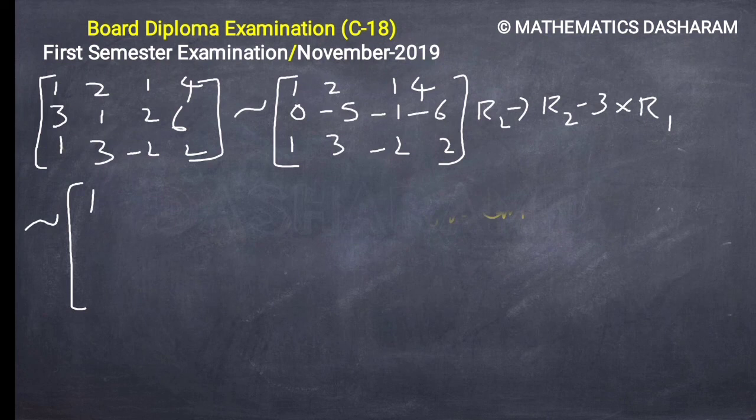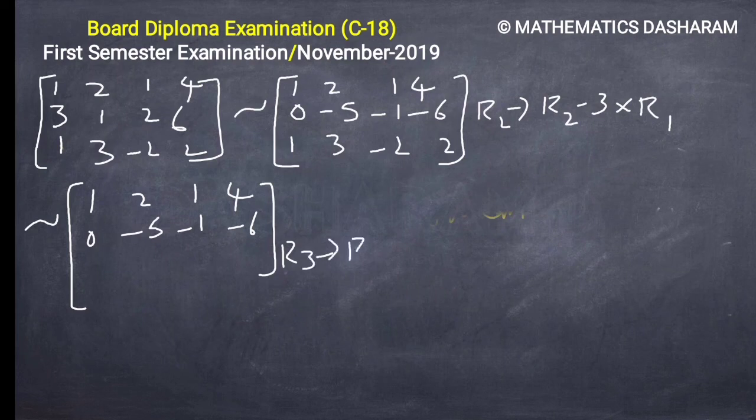So write the first row as it is, second row also as it is. Now the third row is replaced with R3 minus R1. So 1 minus 1 is 0, 3 minus 2 is 1, minus 2 minus 1 is minus 3, 2 minus 4 is minus 2. So the first column is completed: 1, 0, 0.